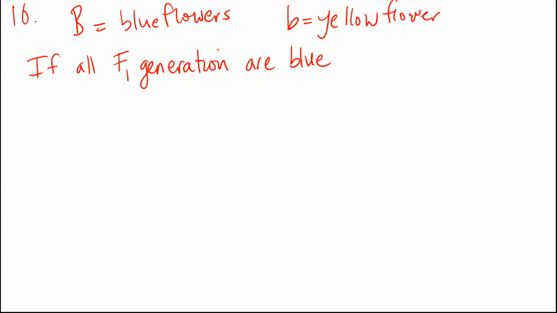But then the yellow show up in the next generation. The parents must be big B times small b, okay?